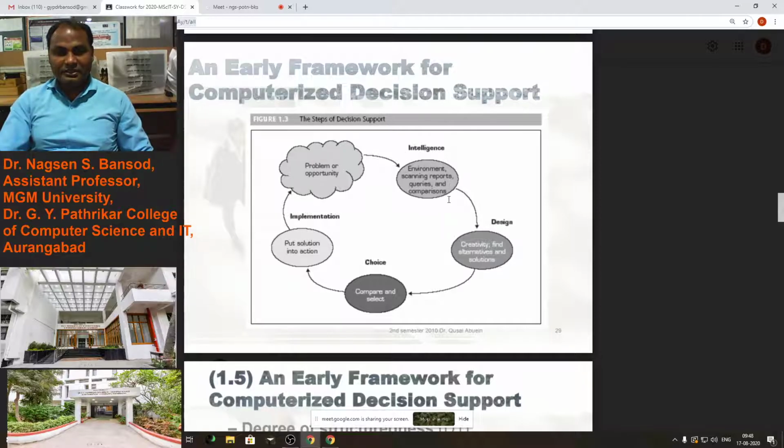In intelligence, there are some factors like environmental factors that affect the decision support system. We have to consider all the environmental factors to make our business intelligent, like customer needs, government resolutions. We have to scan the reports, and we have to take the queries from customers, from the government, from other vendors.